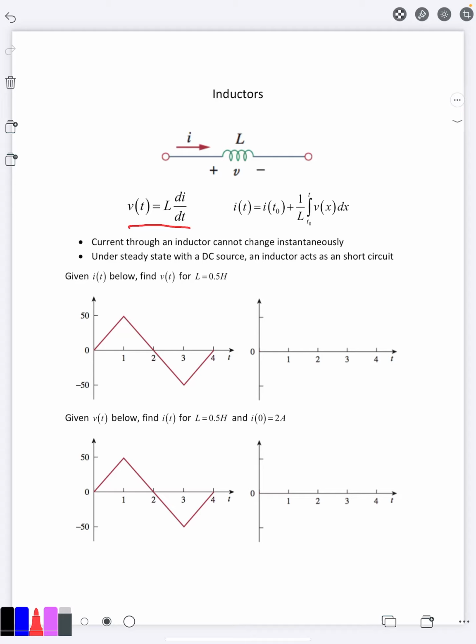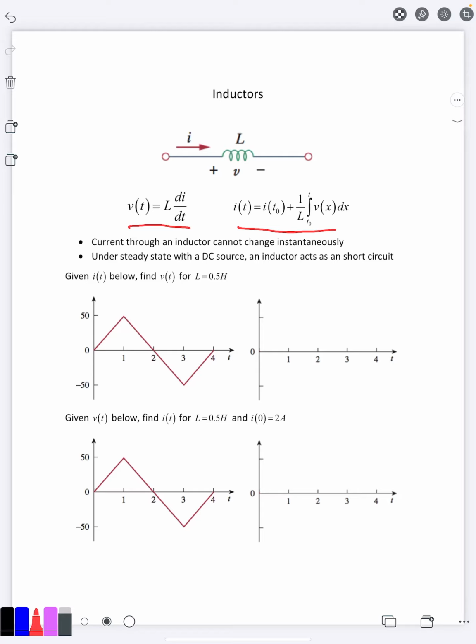If you wanted to reverse that process and solve for I in terms of V, you have to integrate, right? Reverse the derivative with an integral, and we get this expression here. So it's a lot more annoying to deal with than before, but it's a new concept that's very similar to the capacitor video we had already.